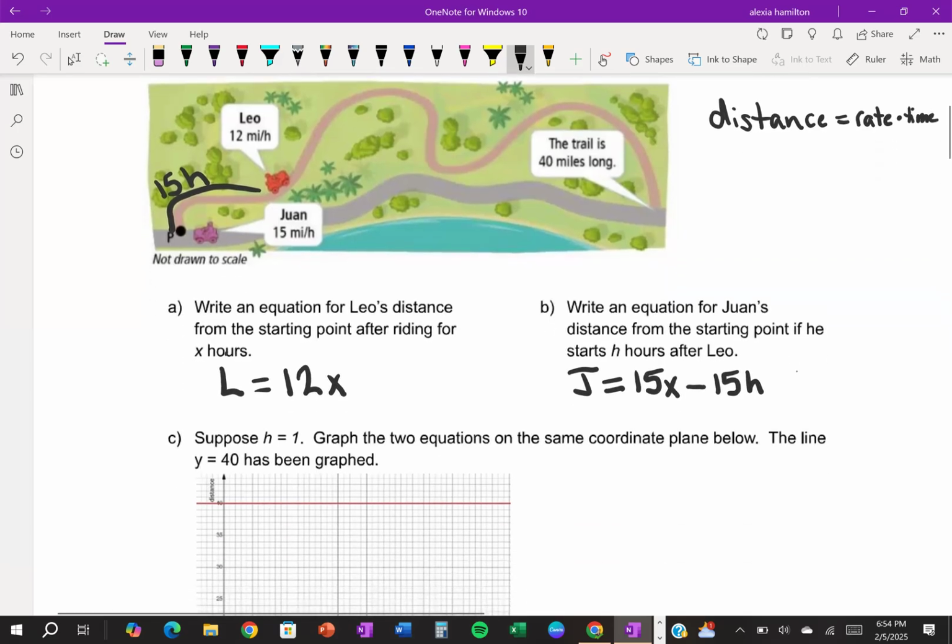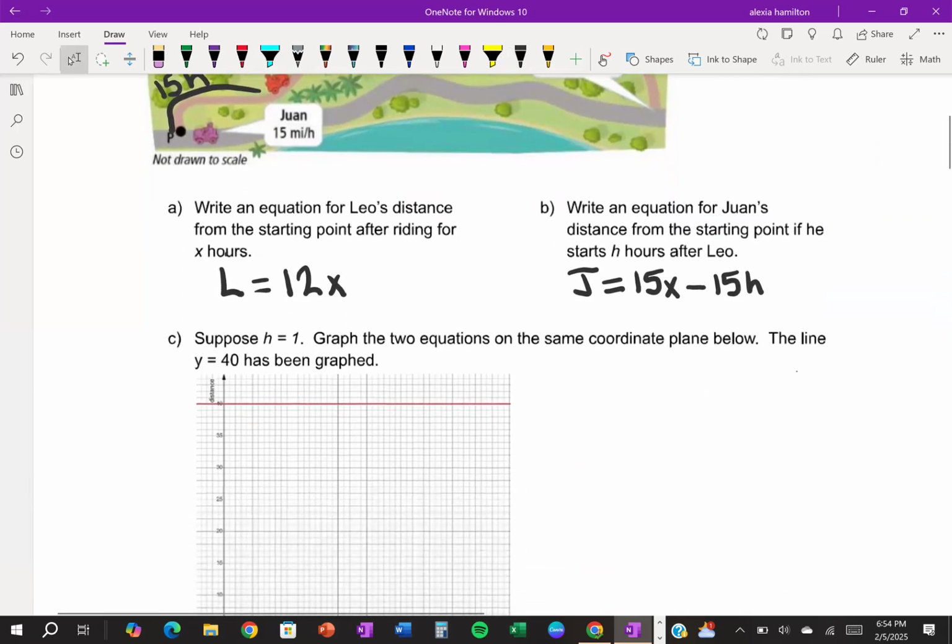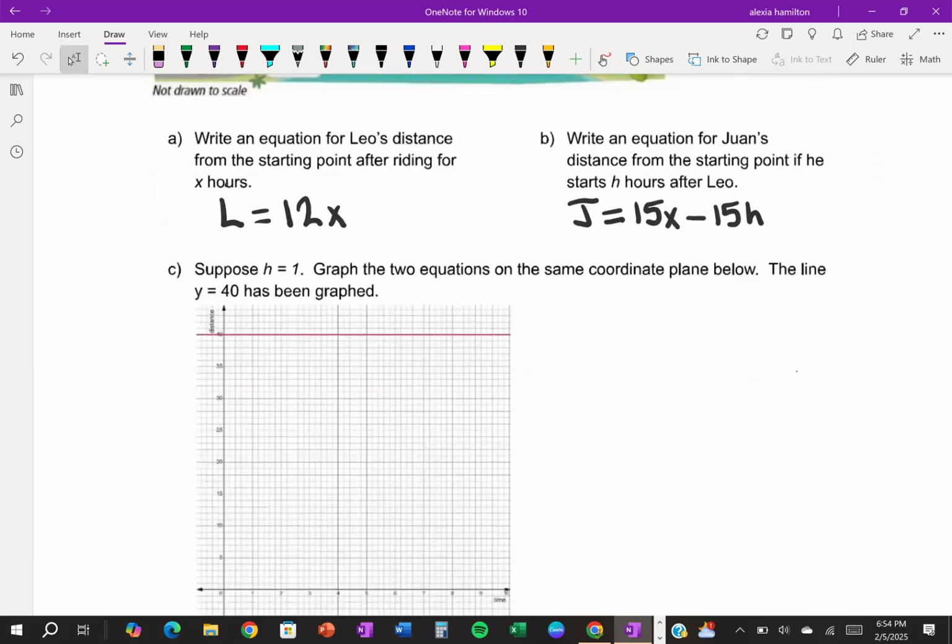Okay, so then we get to part C. And we are saying, suppose that h equals 1. So we're going to say that Juan was 1 hour after Leo. Juan was an hour late. So we're going to have Leo's equation. I'll graph that in blue.